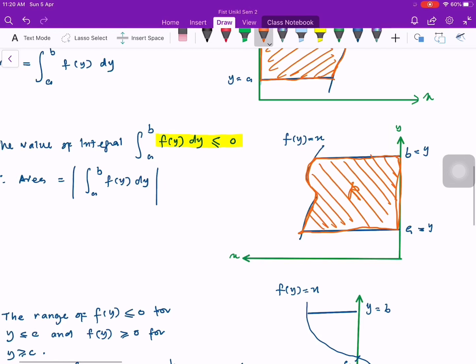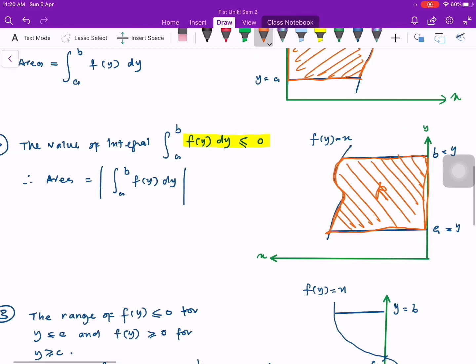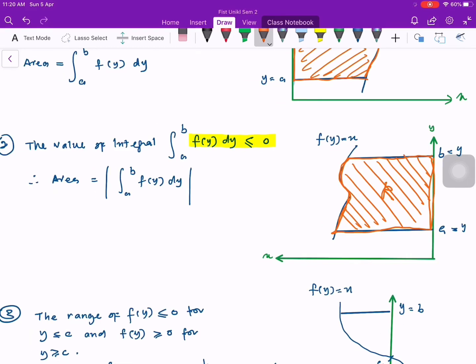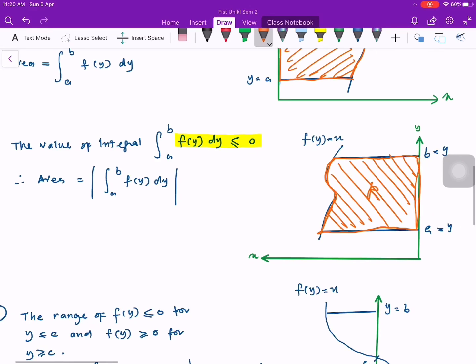Okay, region R. So in order to find this, we are going to integrate with respect to y, which is f(y) dy, and the limit is actually from a to b. And of course, this thing, since it is less than 0, which is a negative value, kita akan letak absolute value, because we consider a positive value saja untuk dapatkan area of this function f(y), of this bounded region.